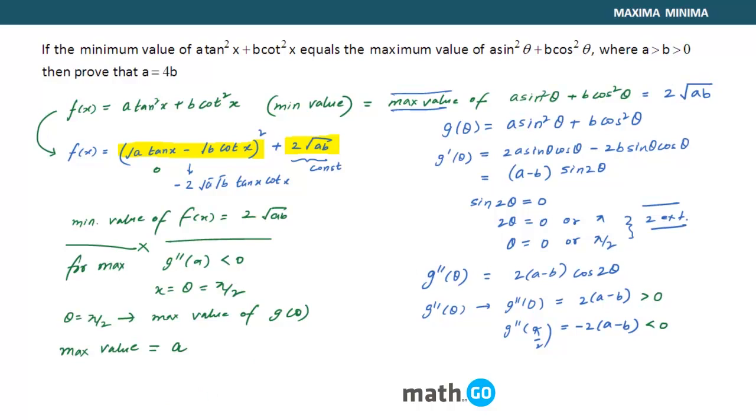It is given that the maximum value is equal to the minimum value of this, and we have found minimum value is nothing but this particular answer. Just simply square and we will find our answer, right? So this is nothing but a is equal to 4b, hence proof. This is the answer we were looking for, and this is how you will solve questions similar to this pattern.